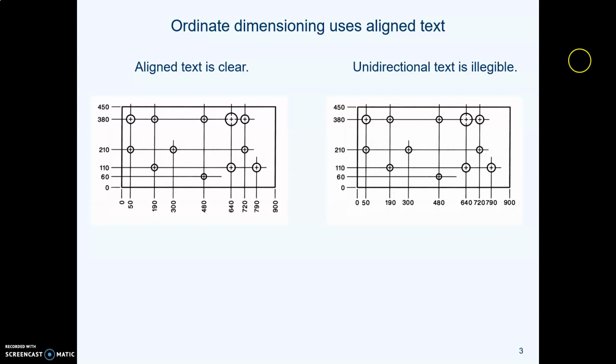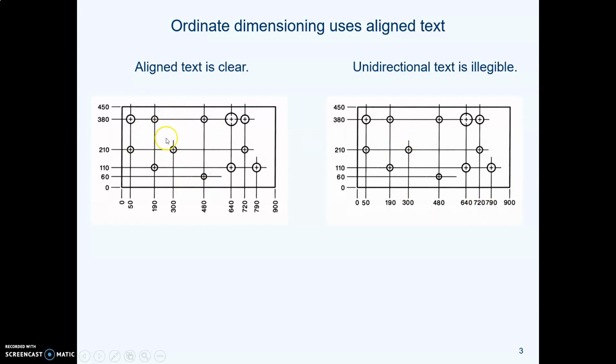It's not the rule when we do ordinate dimensioning, and here's why. Look at this drawing on the right where all these numbers across the bottom have been kept horizontal. See how those numbers run together? And if the holes were even closer, they might even overlap. This is not readable. It's not legible. So ASME says don't do that.